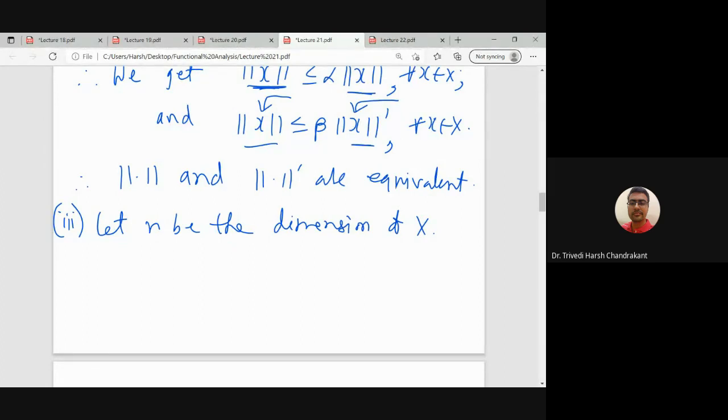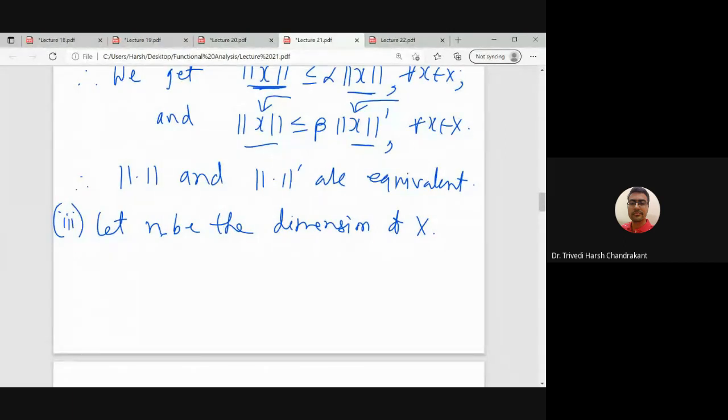So we know what the complete normed linear spaces are? Rn and Cn. They are finite dimensional complete normed linear spaces. So if we can find a bijective linear function from x to Rn or Cn, then we can use that Rn and Cn are complete.